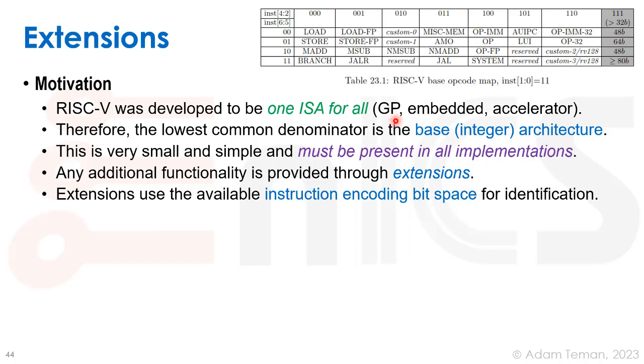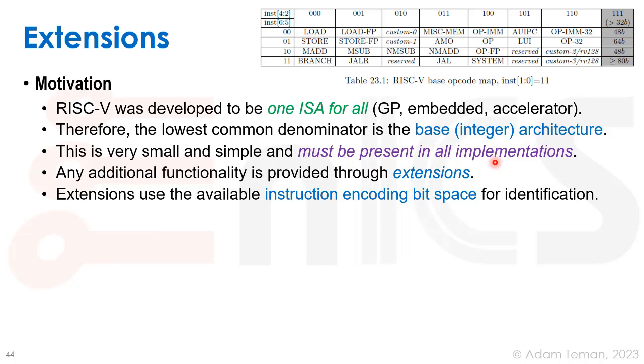You can just use RISC-V. And therefore, we made this lowest common denominator that's the base integer architecture, and it's very small and simple and has very few instructions. And we can just make a basic accelerator that supports that. It's a very small footprint, low power, and so forth. And it must be present in all implementations.